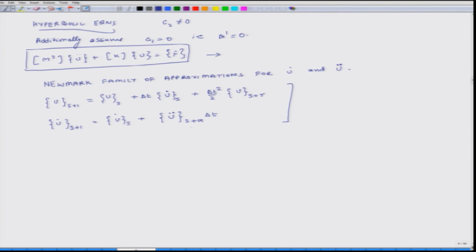Alpha is a number between 0 and 1, and so is gamma.